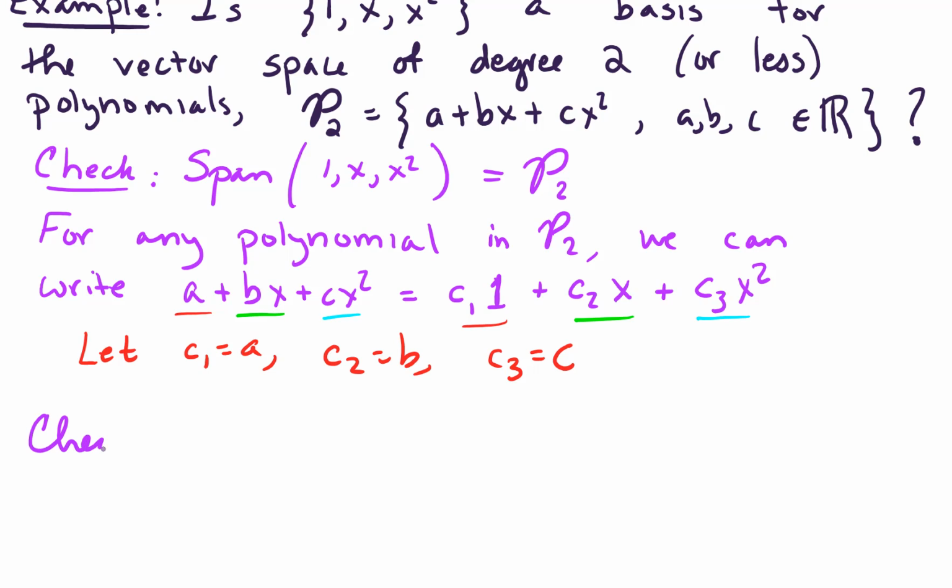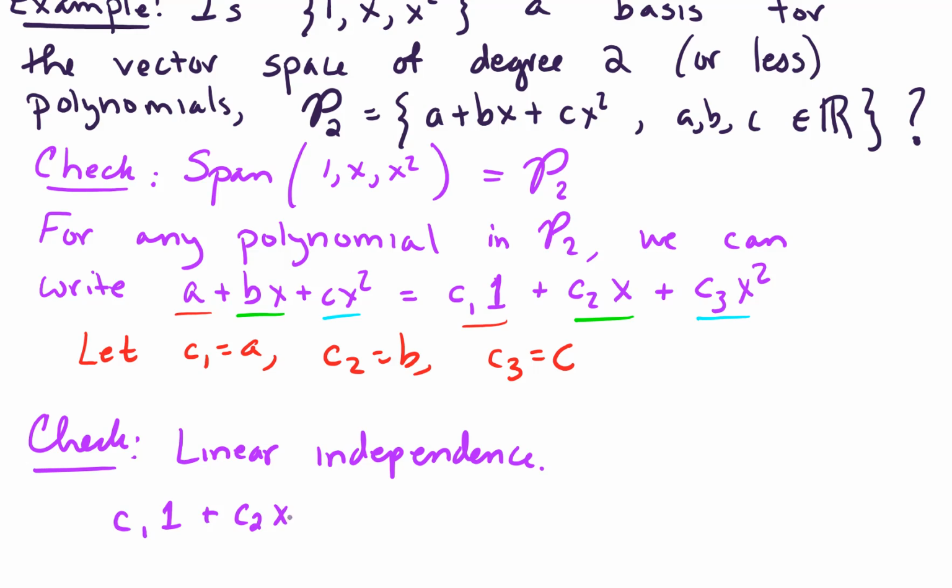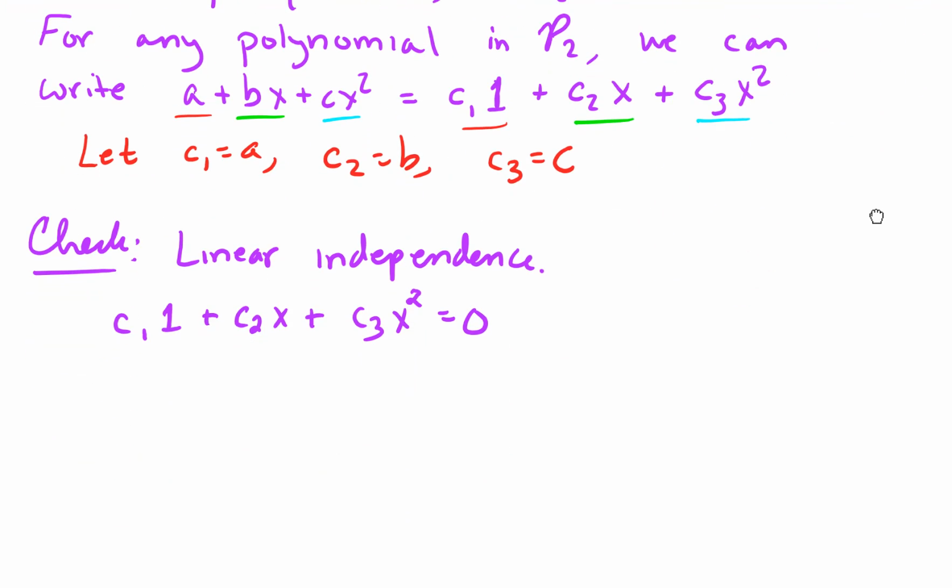The next thing we need to check is linear independence. And what we need to check here is if we have C1 times 1 plus C2 times x plus C3 times x squared, if that equals 0, does that force our C sub i's to be 0? Well, on the right-hand side, what we really have is a 0 plus 0x plus 0x squared, right?